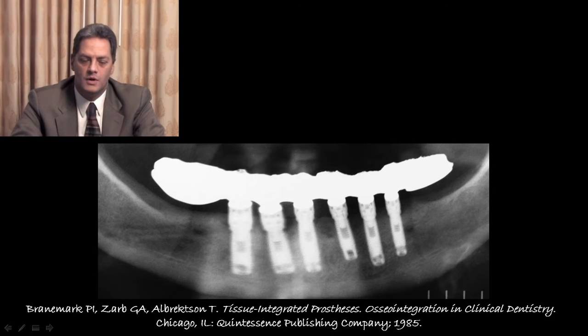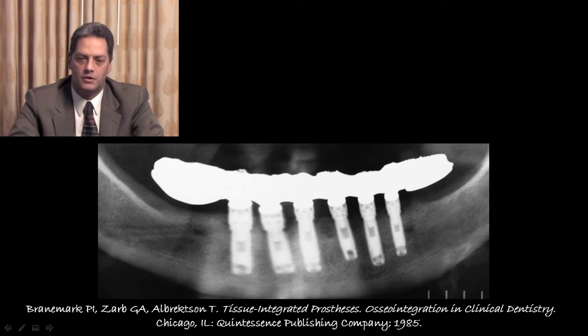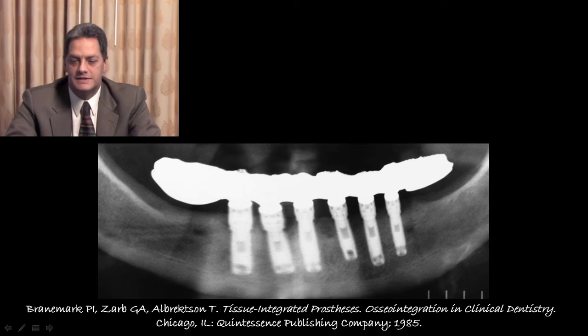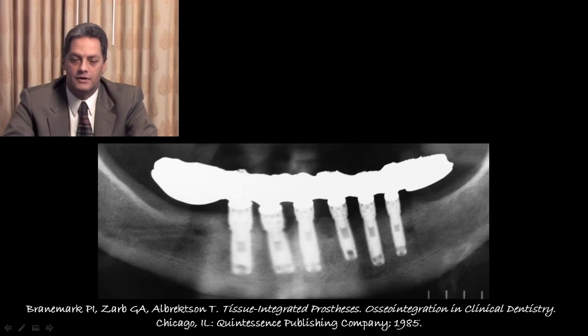When Brånemark introduced his implant, what we know is that this was actually placed, for the most part, in the lower anterior jaw, where the bone is the densest. But currently, we apply these implants into individual restorations, and many times we'll place them under the sinus or bone-grafted areas. This is not what Brånemark created in the first place.